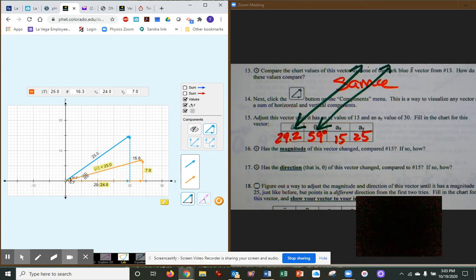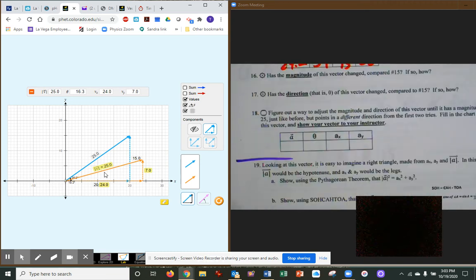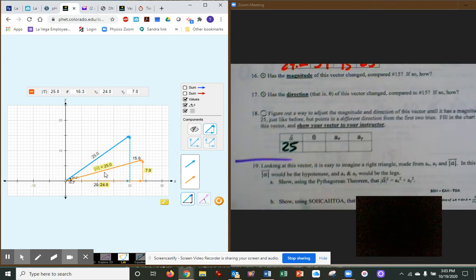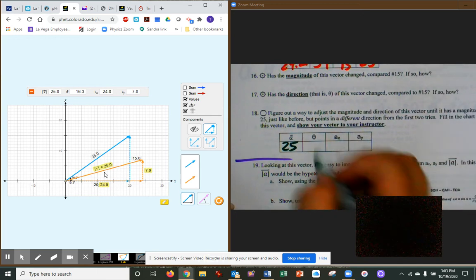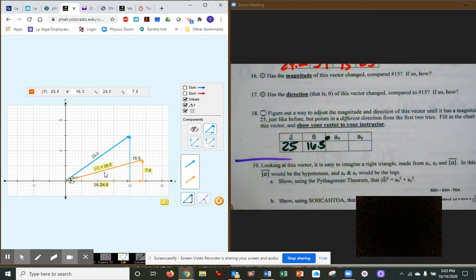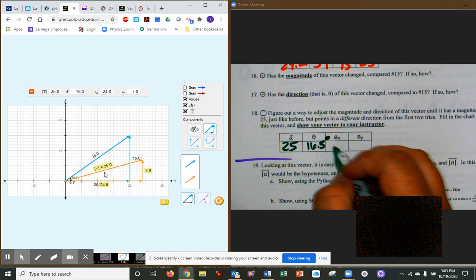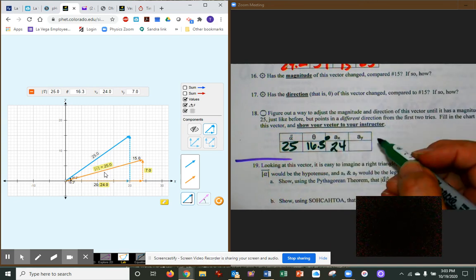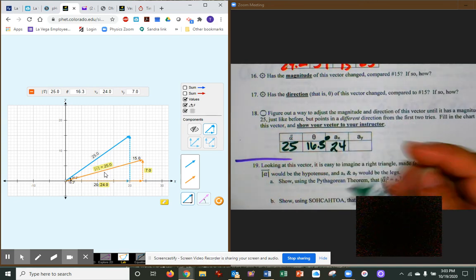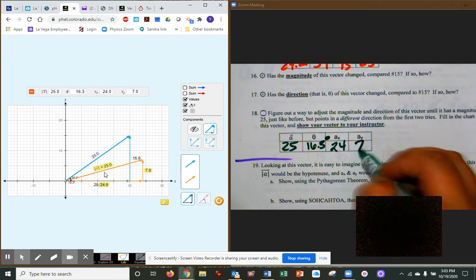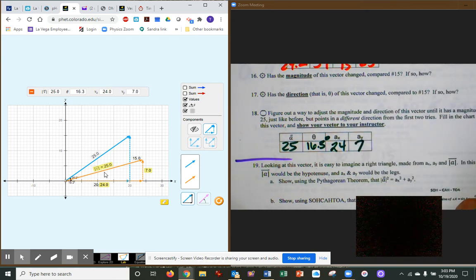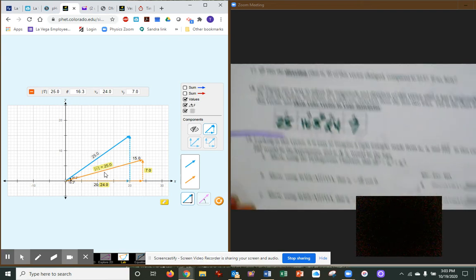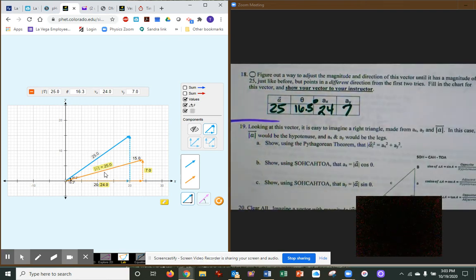In my case, the magnitude, or the length of the resultant, is back at 25. My angle is 16.3 degrees. My Y component is 7 and my X component is 24. It's wanting you to figure out that these are not set in stone.